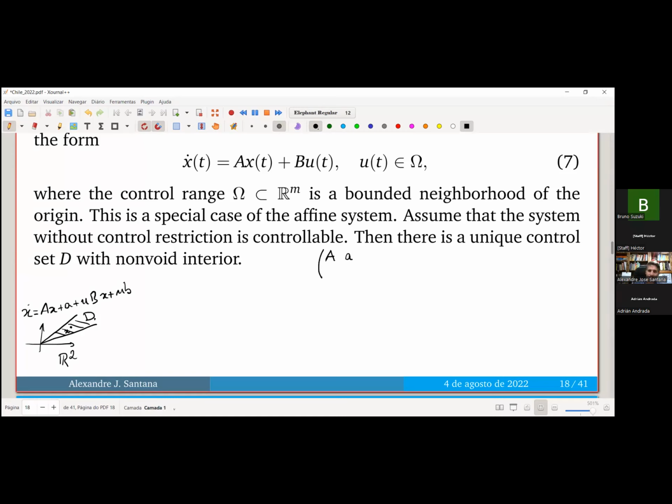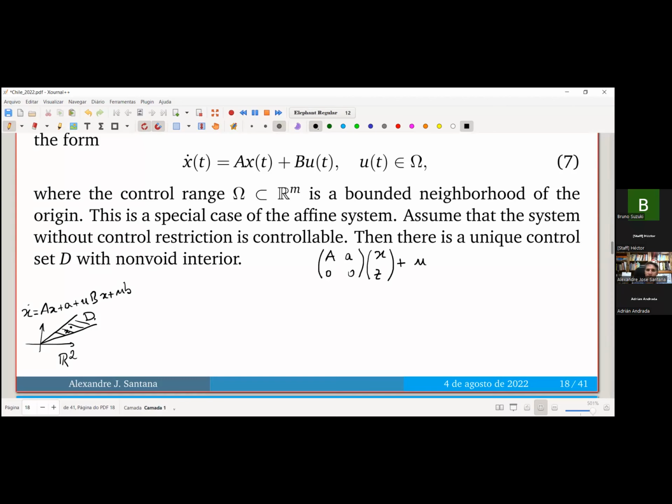This is a vector of R2, and here the number 0 and the number 0. Then we will construct another system given by this equation here.